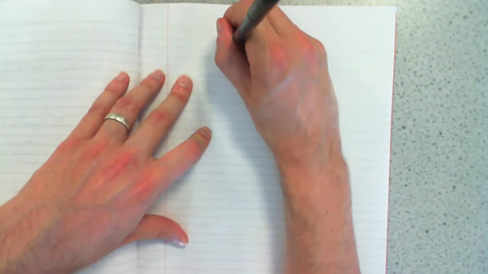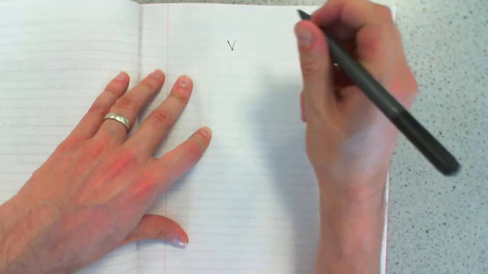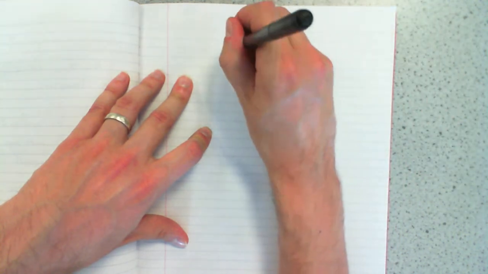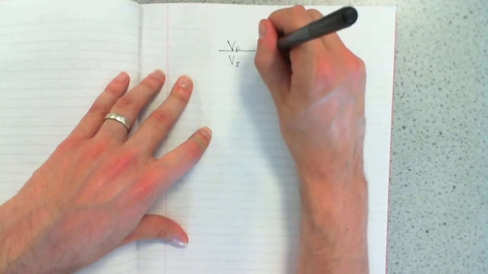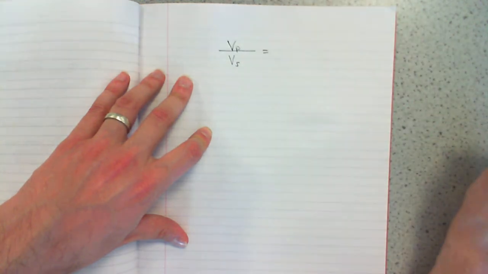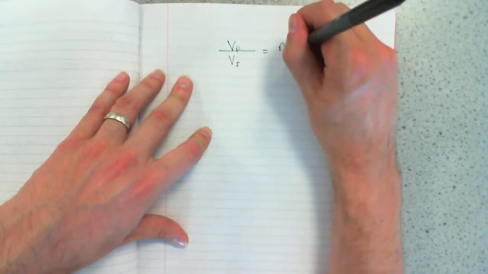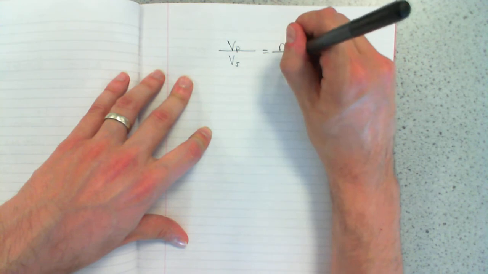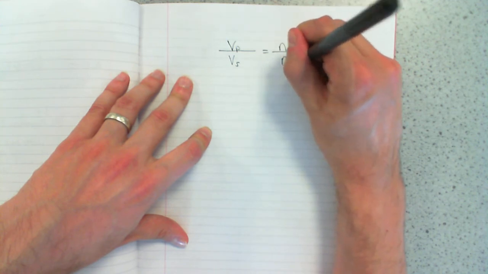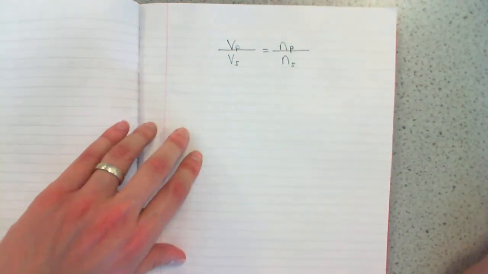So the equation we need is V, potential difference, of the primary divided by the potential difference of the secondary, and that's equal to the number of turns on the primary coil divided by the number of turns on the secondary coil.